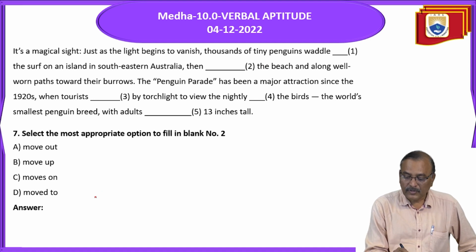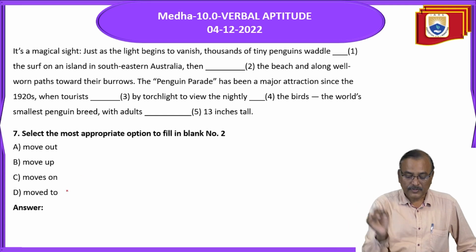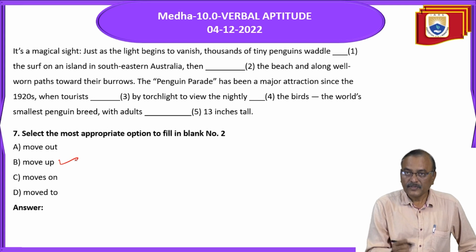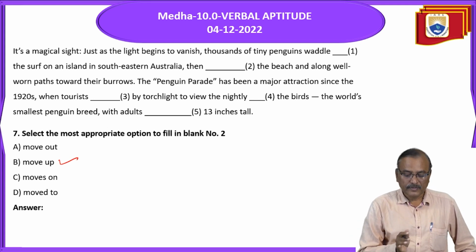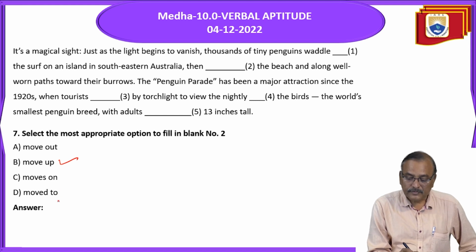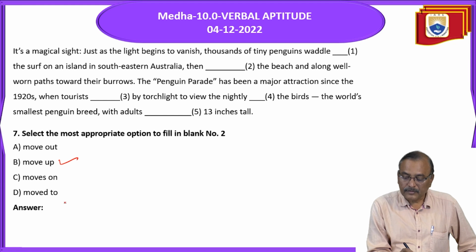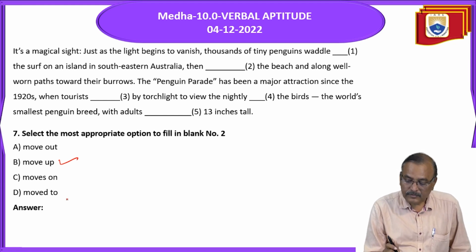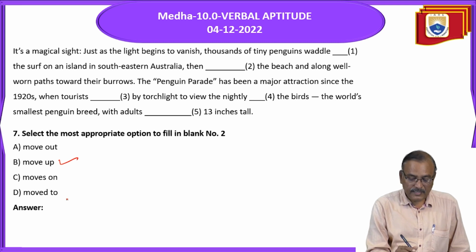Then move to the beach, move out the beach, move up or move on, move to. Then move up the beach. Here, waddle out and move up. Okay. Is it clear? Penguins. Okay. Yes, the answer is B.